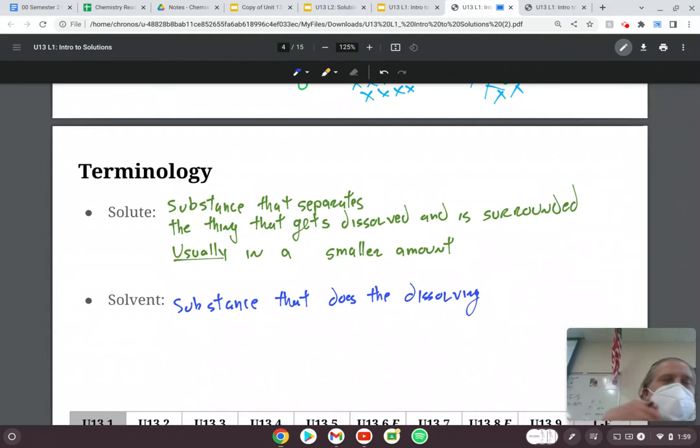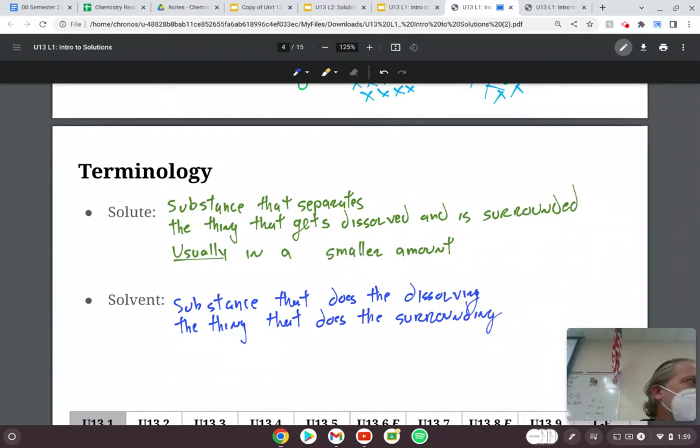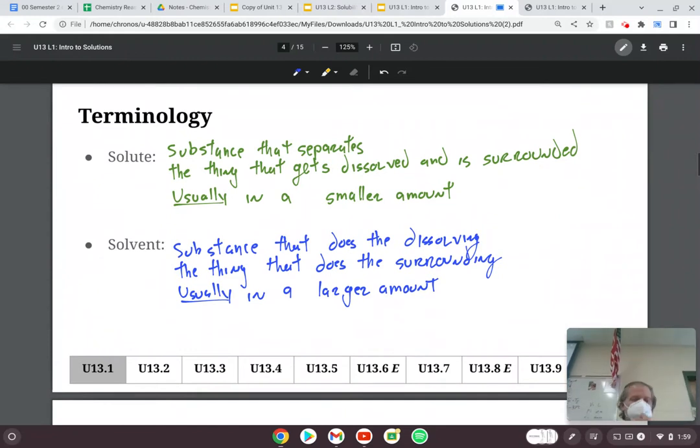It's the thing that does the surrounding. And it's usually in a larger amount. So there's a solute and then there's the solvent.